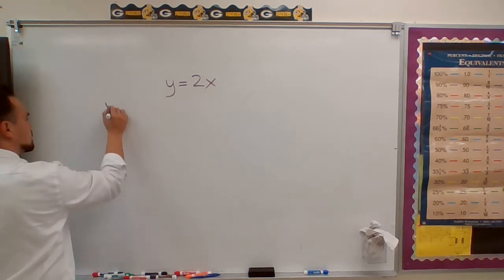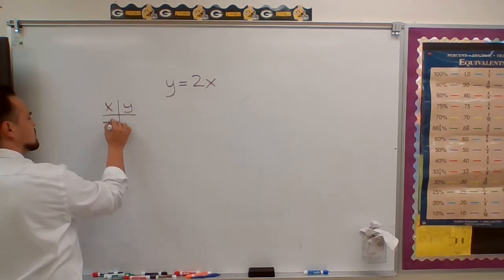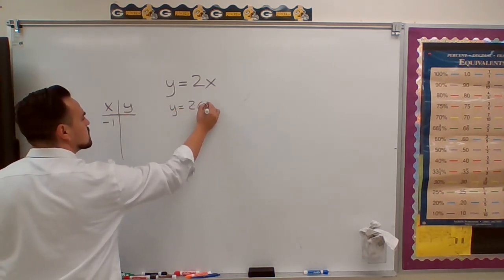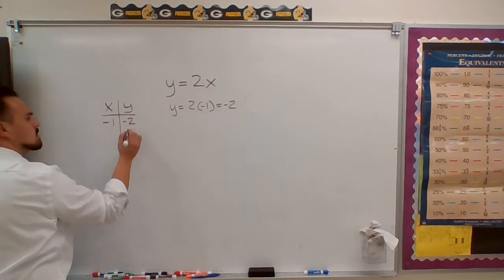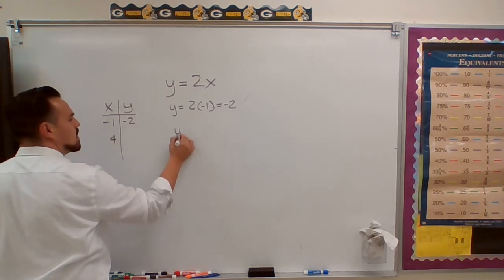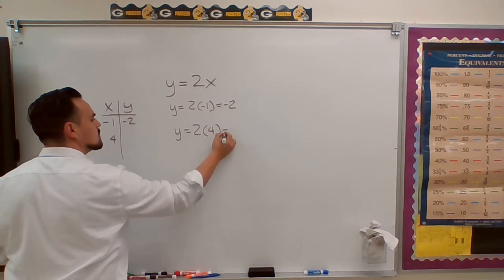Set up our XY table again. Now, when I plug in a value for x, say -1, y is going to equal 2 times -1, or just -2. If I plug in 4 for x, y is going to equal 2 times 4, or 8.